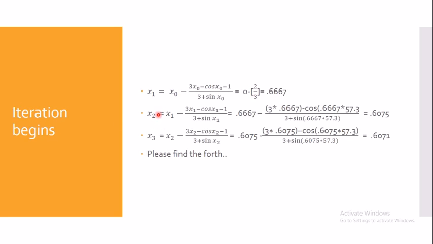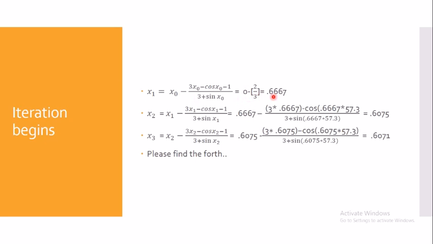Now you go for the second iteration. The second iteration is x2 is equal to x1 minus (3x1 minus cos x1 minus 1) divided by (3 plus sin x1), where x1 is 0.6667.